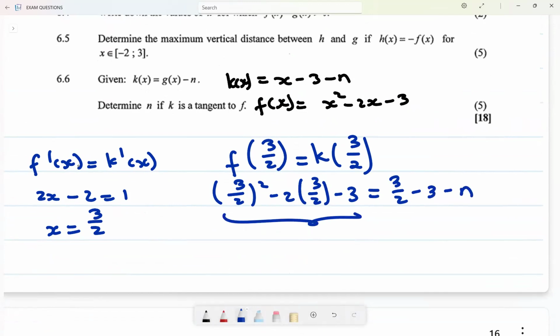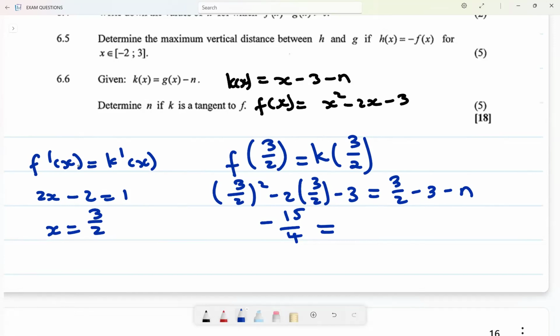So can I simplify this? When I simplify this, I get negative 15 divided by 4. Am I correct, guys? 9 divided by 4 minus 3, minus 6. Yeah, it's negative 15 divided by 4.